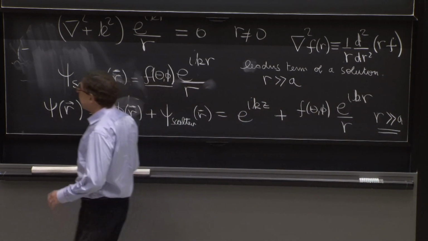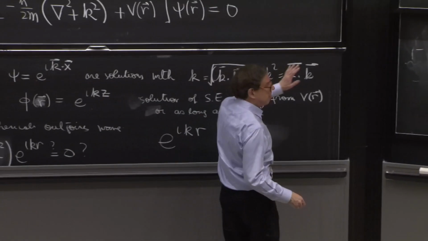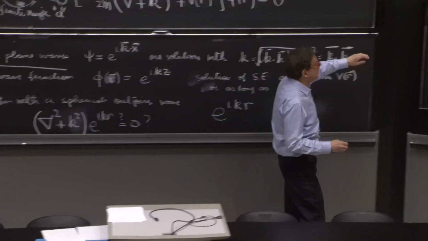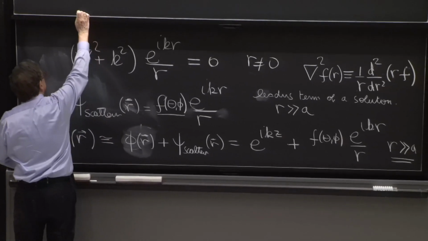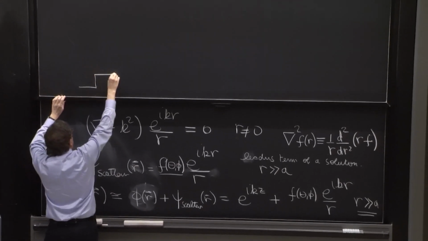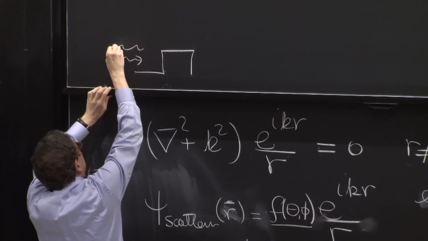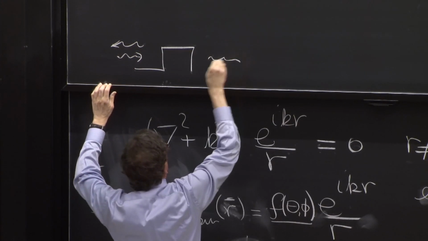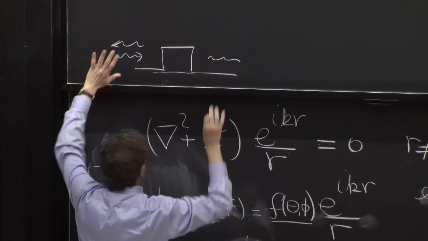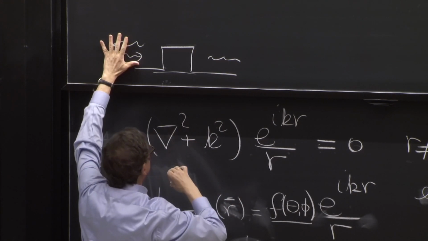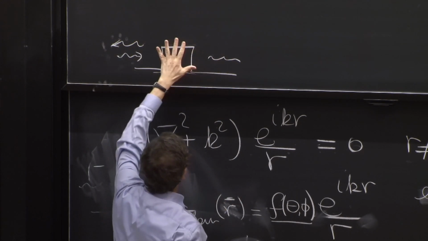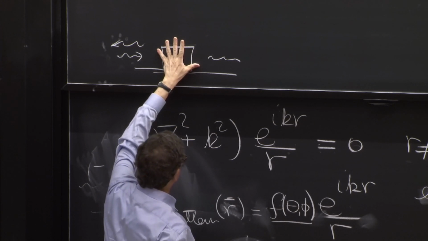This had an analog in our problem in one dimension. In one dimension, you set up a wave, and there's a reflected wave, and there's a transmitted wave. And in setting the problem, you say, this is valid far to the left, meaning at least to the left of the barrier.